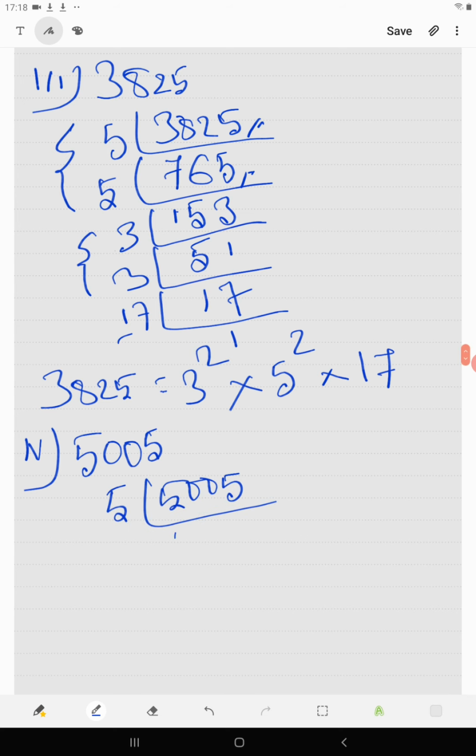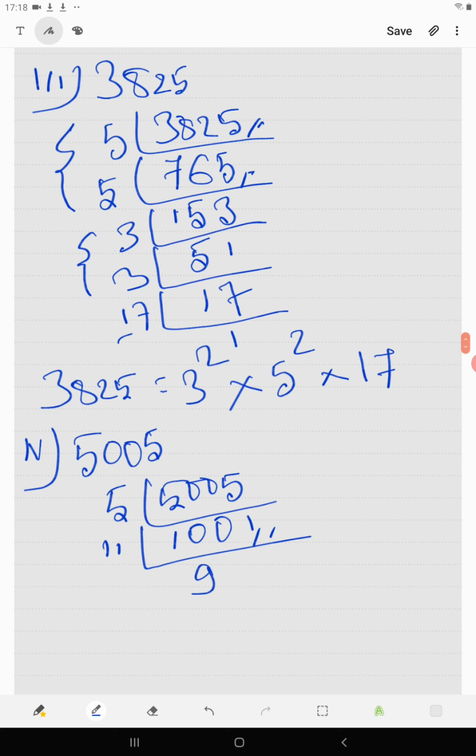It will go by 5: 5 times 1001. Now it should always have 1 in the end, that is the most important thing: any number whose unit digit is 1. So let's do with 11.